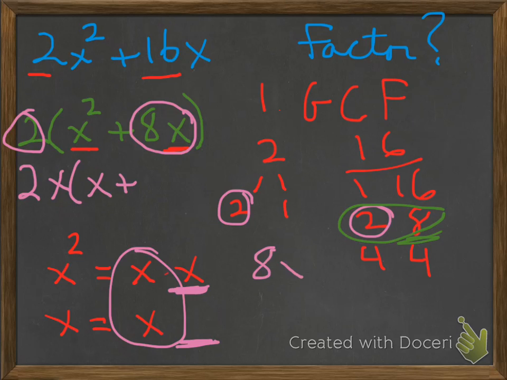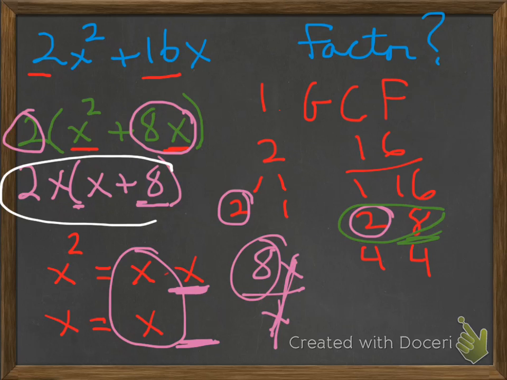Because if I divide 8x by x, the x's will cancel, and I'm left with an 8. And seeing that there are no more exponents, there is no x squared or x cubed, the numbers can't be divided, there's a 1 here and an 8 here, I am actually going to be done. So this is going to be my answer: 2x times (x plus 8).